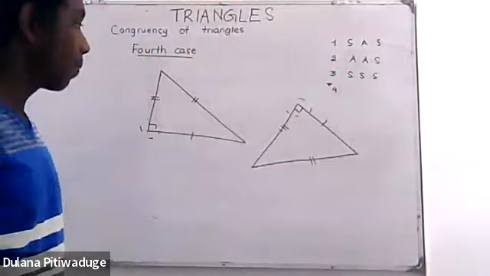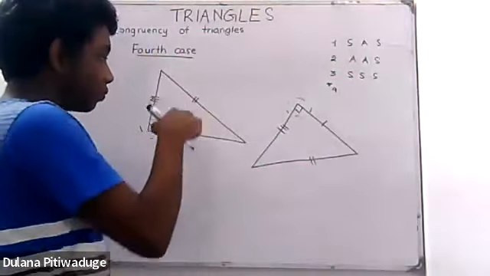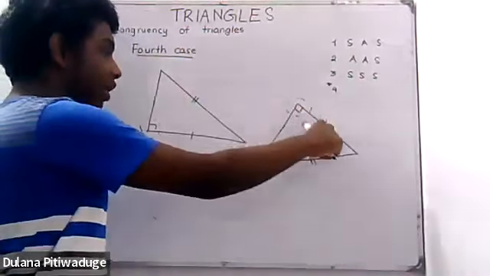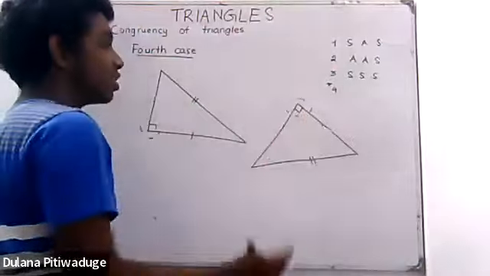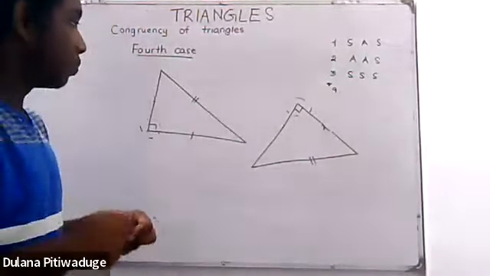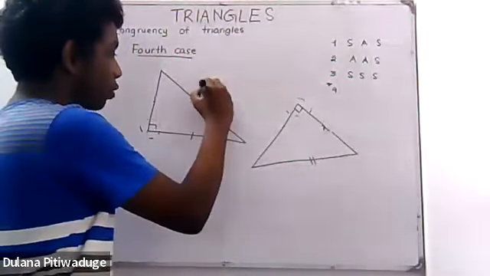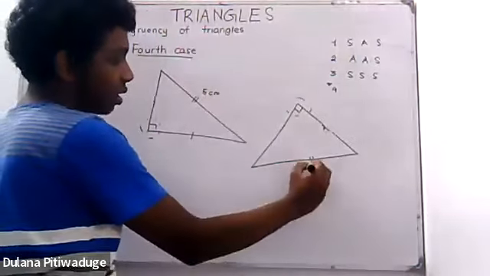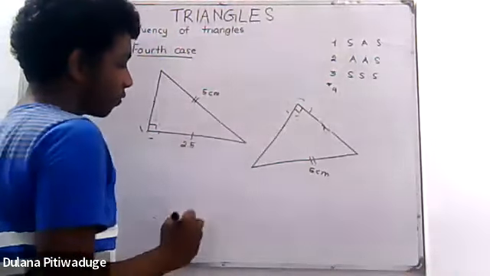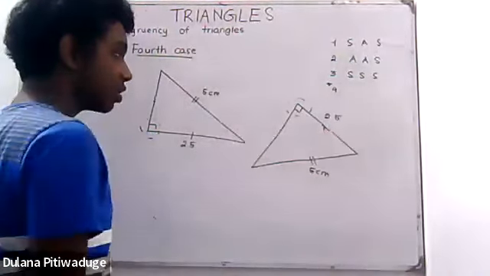Either way, if the hypotenuses are equal and another side of the right angle triangle is equal, then these two triangles can be considered congruent. For example, if the hypotenuse here is 5 centimeters and if the side here is 2.5, then these two triangles are congruent.